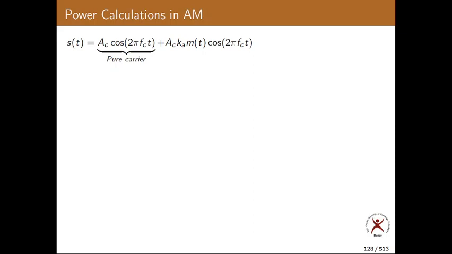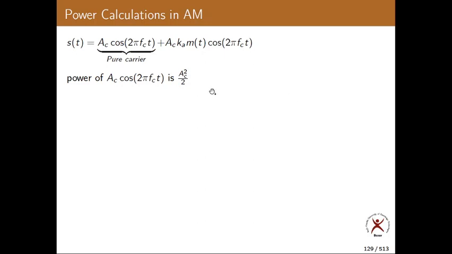First of all, this is the AM equation: s of t equals Ac cos 2 pi Fc t plus Ac Ka m of t cos 2 pi Fc t, where Ka is known as the amplitude sensitivity, which is a constant. Now, the power of Ac cos 2 pi Fc t is Ac square by 2.